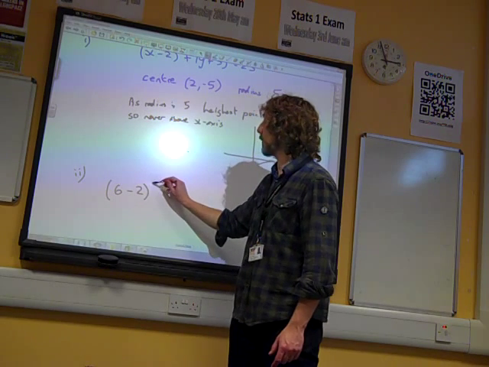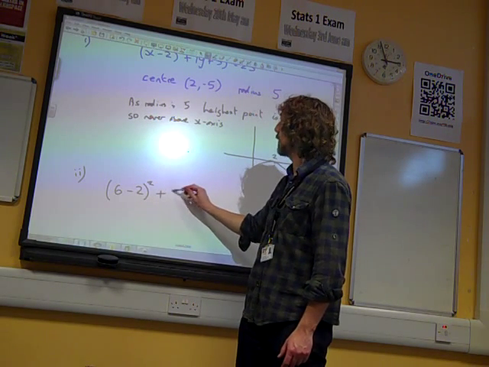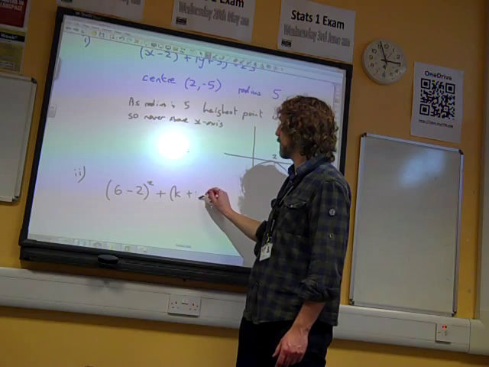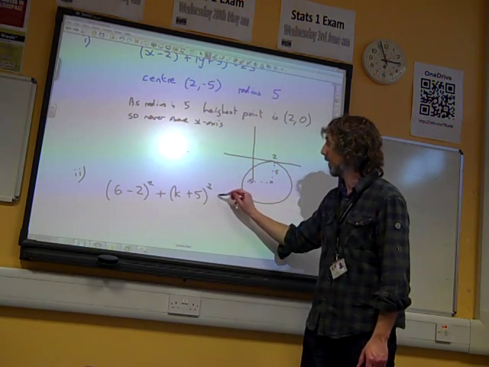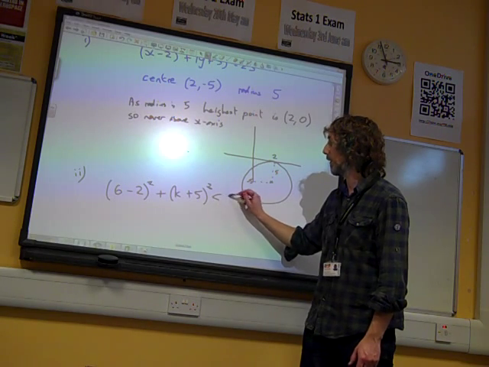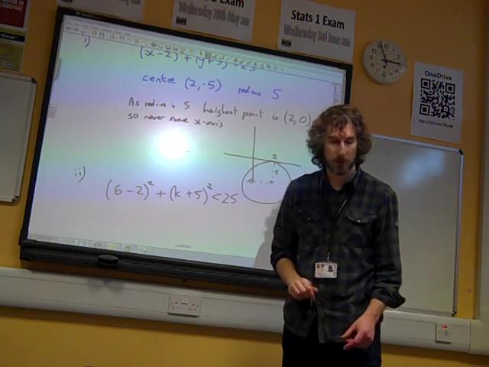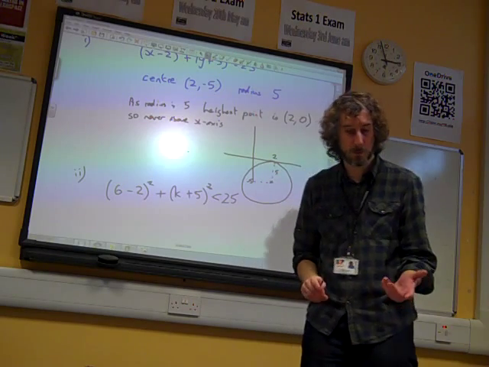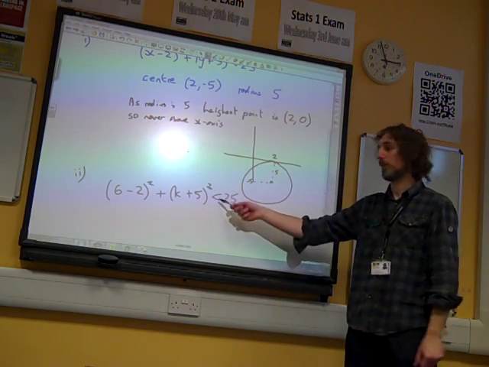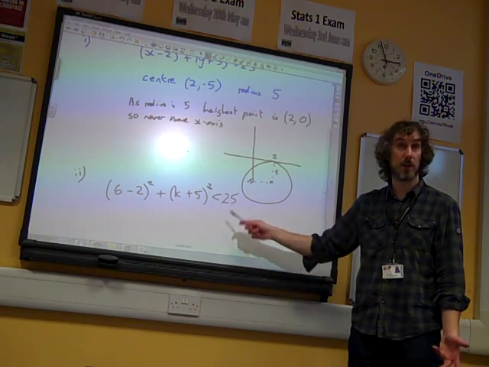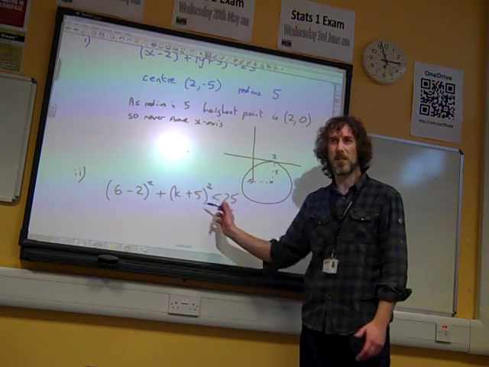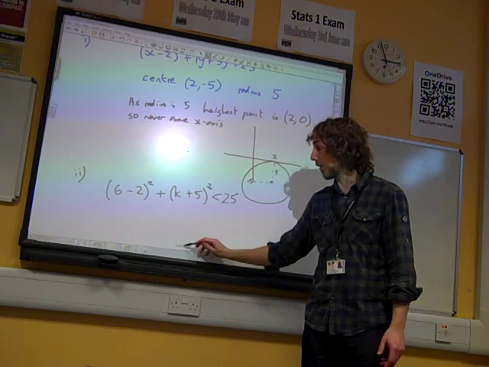(6 − 2)² + (k + 5)². It's inside the circle, so that is less than 25. It's inside the circle, so it's got to be a firm inequality, not an or equal to. It was definitely inside. That's just subbing it into the equation, and that would work just as well.